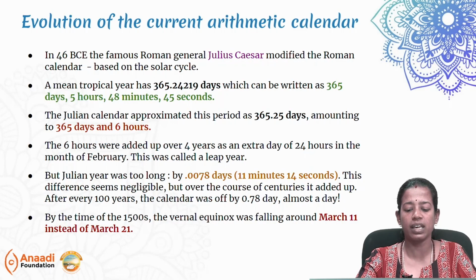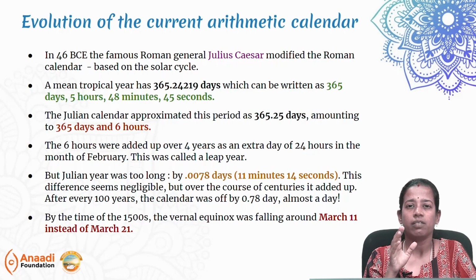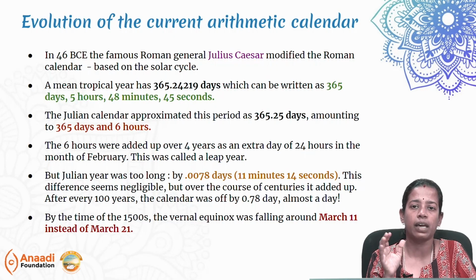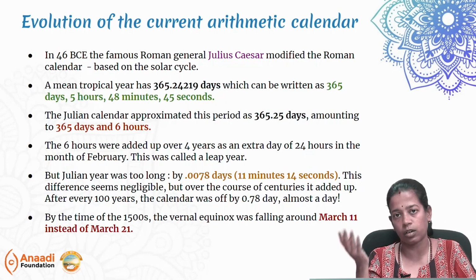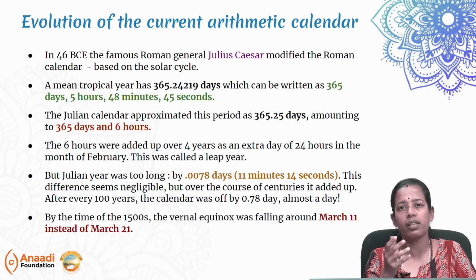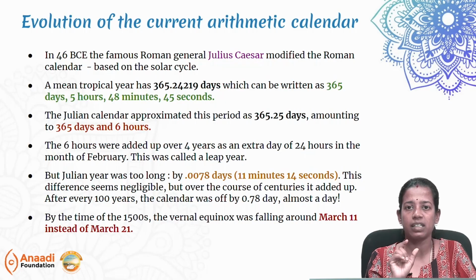Then you see the mean tropical year. The tropical year can be calculated as roughly the time between one vernal or autumnal equinox to the next vernal or autumnal equinox, or the time between one solstice and another. Basically, the earth would have completed one full revolution around the sun.